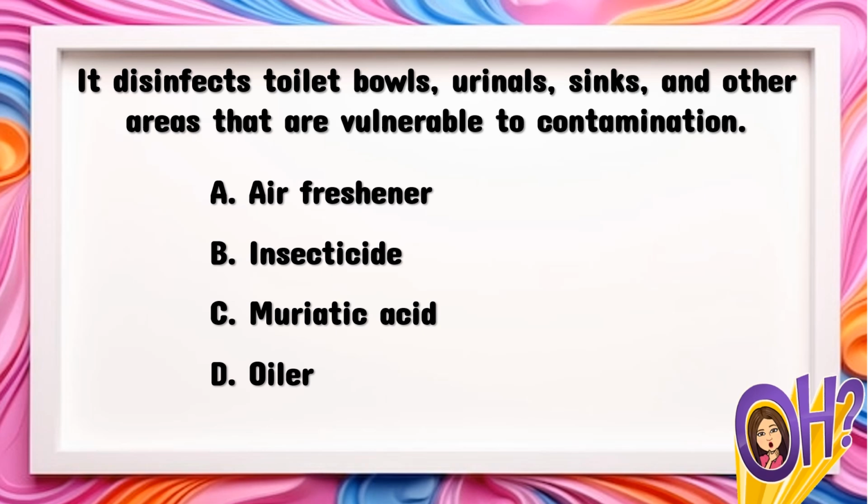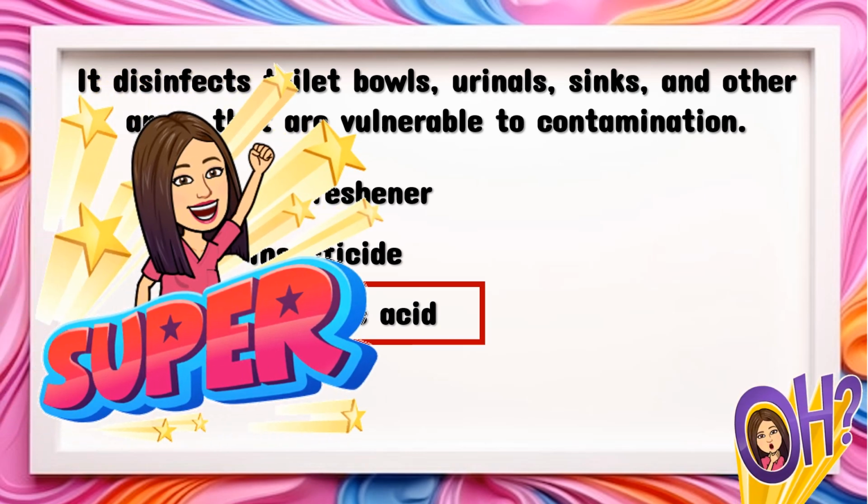It disinfects toilet bowls, urinals, sinks, and other areas that are vulnerable to contamination. A. Air freshener. B. Insecticide. C. Muriatic acid. D. Oiler. And the answer is letter C. Muriatic acid.